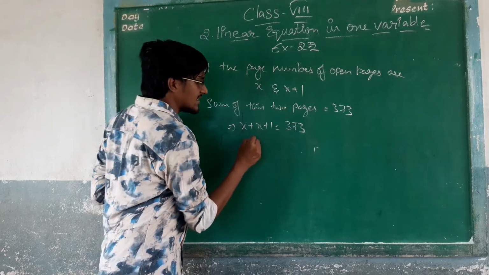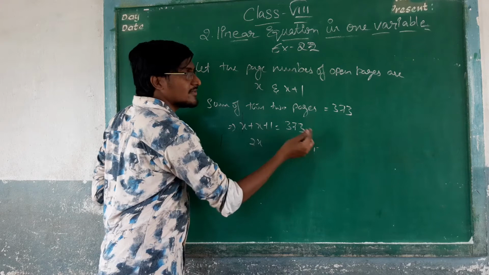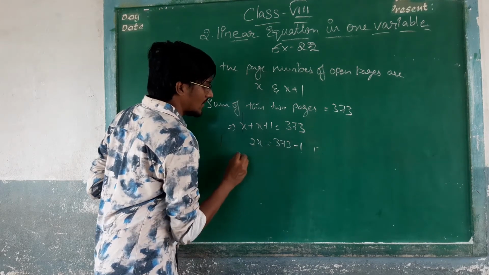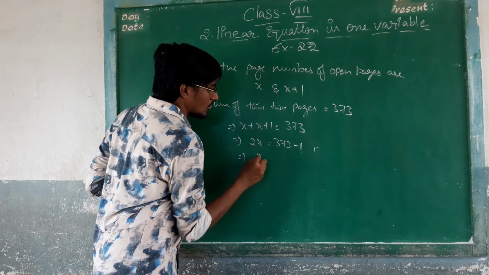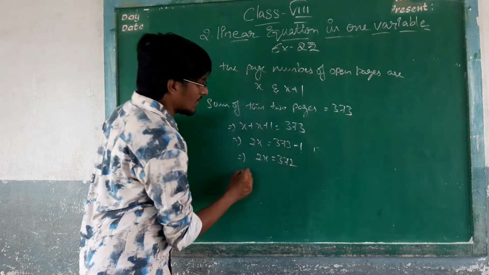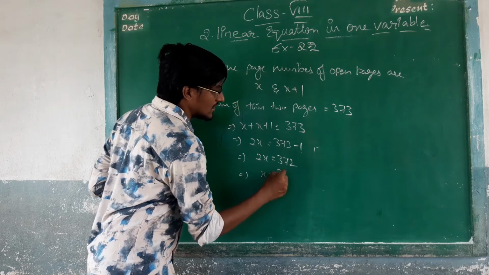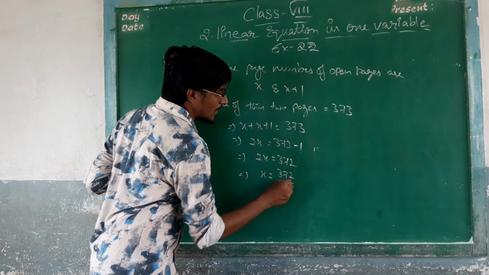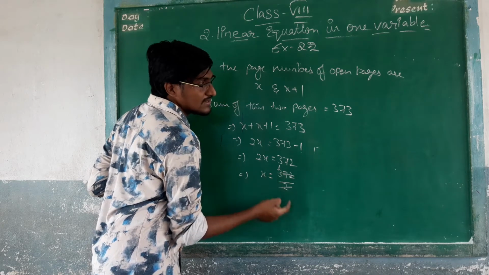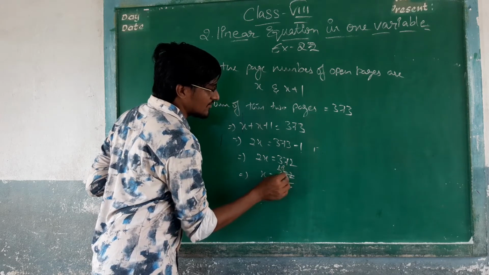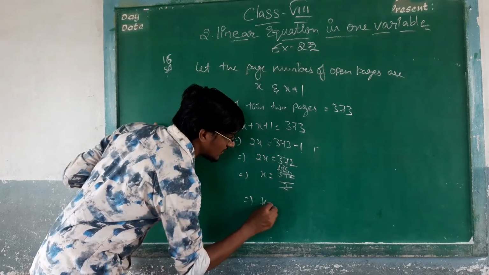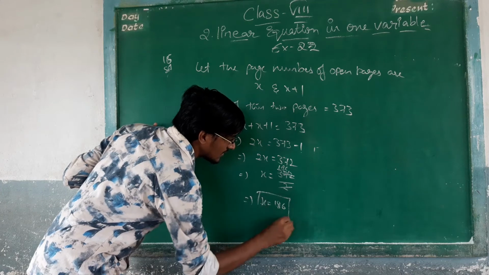So x plus x is 2x. Move this plus 1 to the right-hand side: 373 minus 1. That implies 2x equals 372. That implies x equals 372 by 2, which is 186. That implies x equals 186.